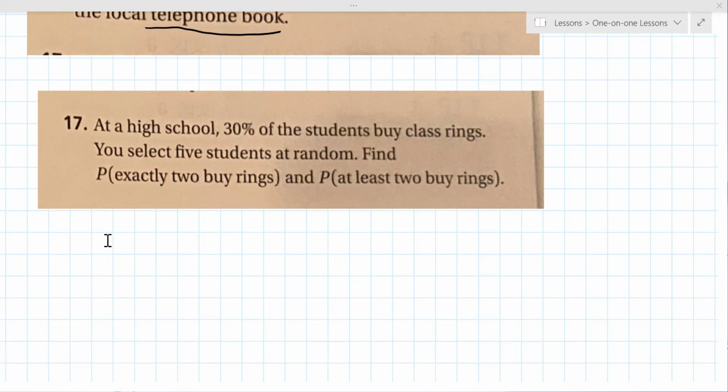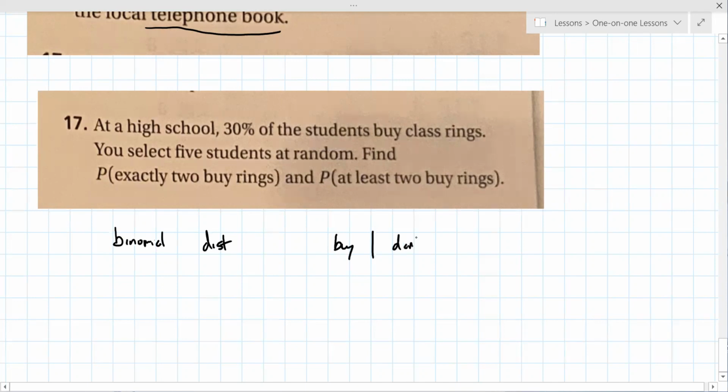Okay, this is a binomial distribution. The reason you know that is because they either buy or don't buy, and there's only one or the other. They're mutually exclusive. So the probability that they buy is 0.3. The number of students that you select is 5, and you're trying to find the probability that x equals 2.